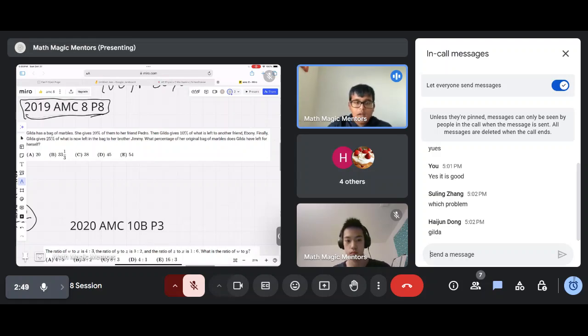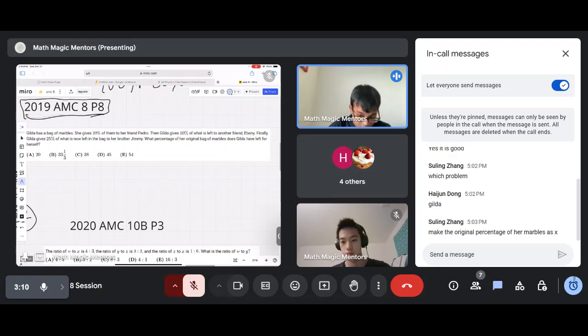What I'd like to do in these types of problems is usually pick a number that works well with percents, and as you see, it makes it easier to visualize the problem as well. You could definitely set a variable and do calculations like that.